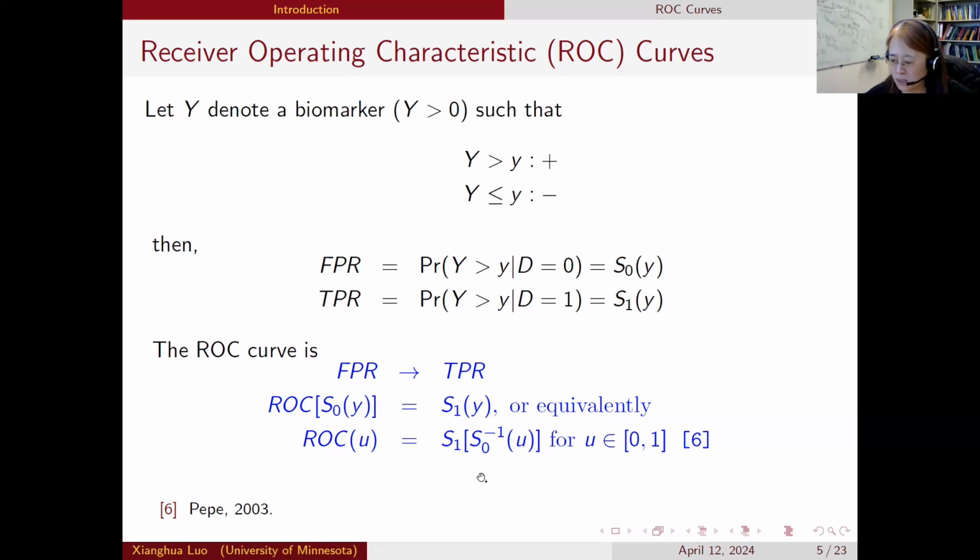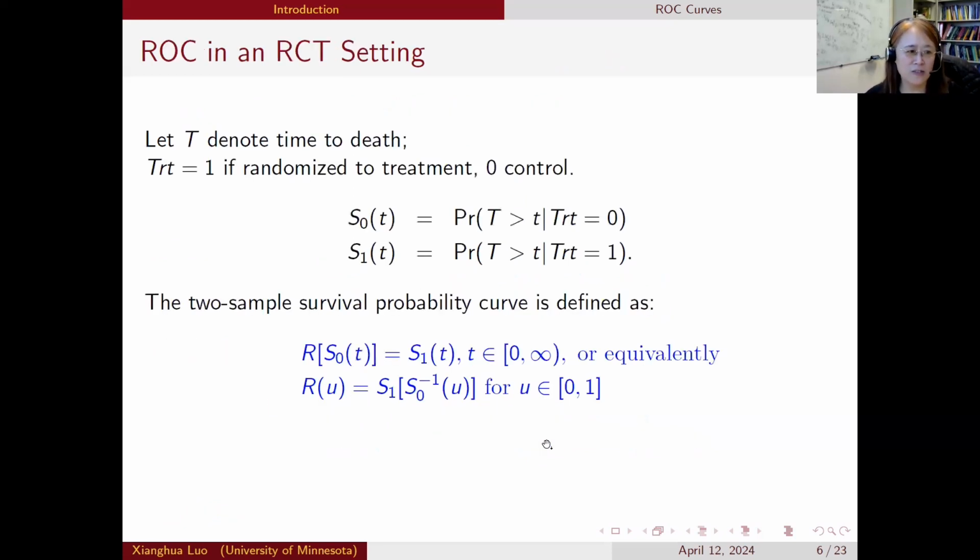So this is our motivation for doing an ROC type of curve for survival data, because they are survival functions. So now let's go to the familiar survival analysis notation. Let T denote time to death. Okay, we don't have a biomarker anymore.